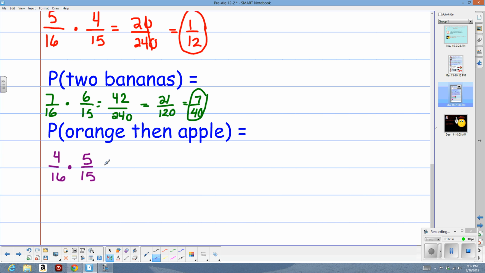So 4/16 times 5/15, that's 20 over 240, which is the same fraction we had in the first example. That simplifies to 1/12. So the probability of getting an orange, then an apple, is 1/12.